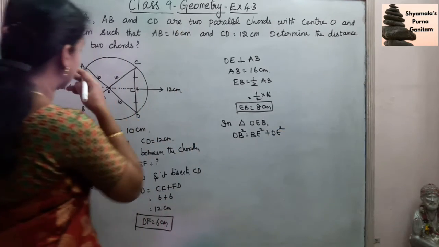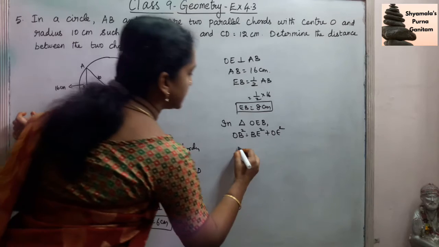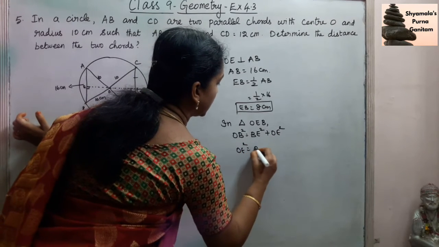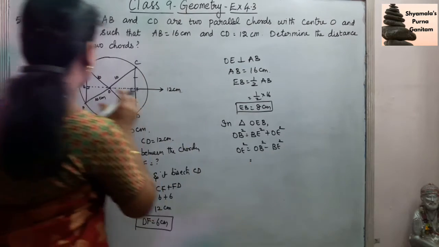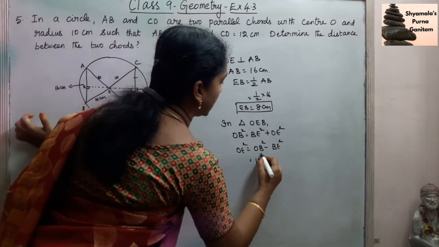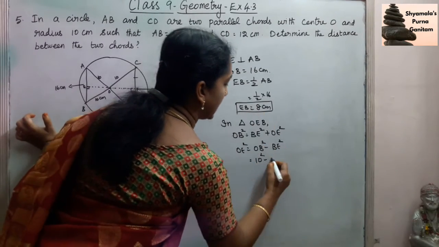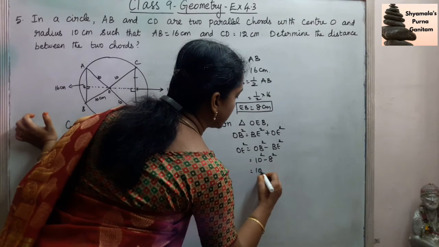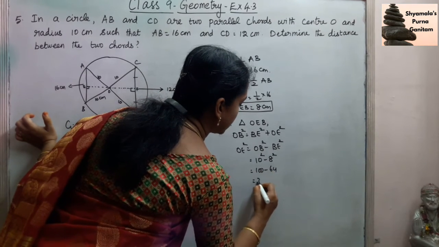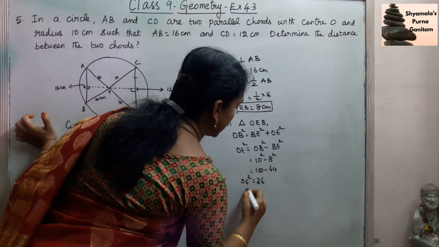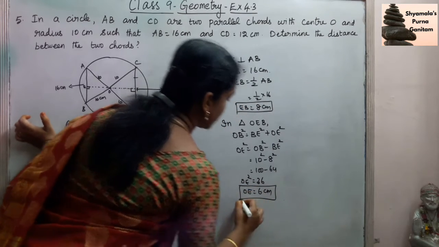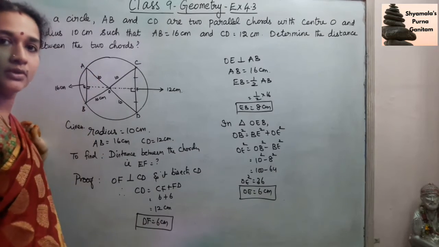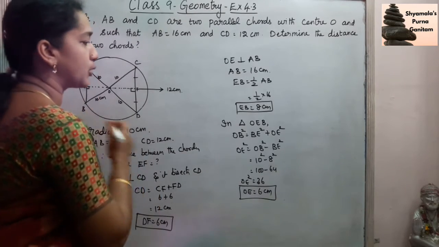We need to know only the length of OE, so OE squared is equal to OB squared minus BE squared. The length of OB is 10, squared, minus BE which is 8, squared. So this is 100 minus 64, that is equal to 36. OE squared is equal to 36, so OE is equal to 6 centimeter. So one side length we got. Then for OF.